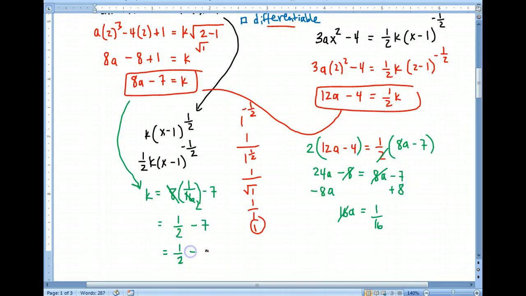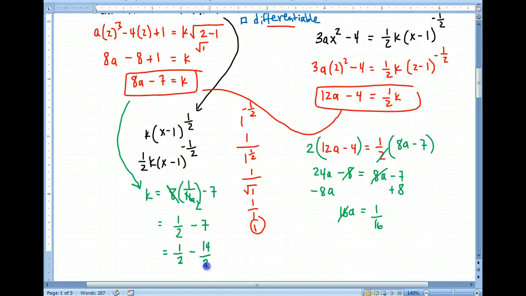One half minus 7. How do I do this? Make a common denominator. So what is 7 with a common denominator? 14 over 2.